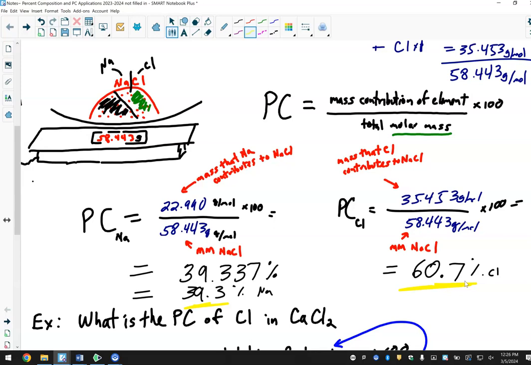All right, well, what happens if there are subscripts in the formula? Well, we know how that changes the calculation of a molar mass. It's still going to be the mass contribution of the element over the total molar mass. But let's see how that shakes out for calcium chloride.